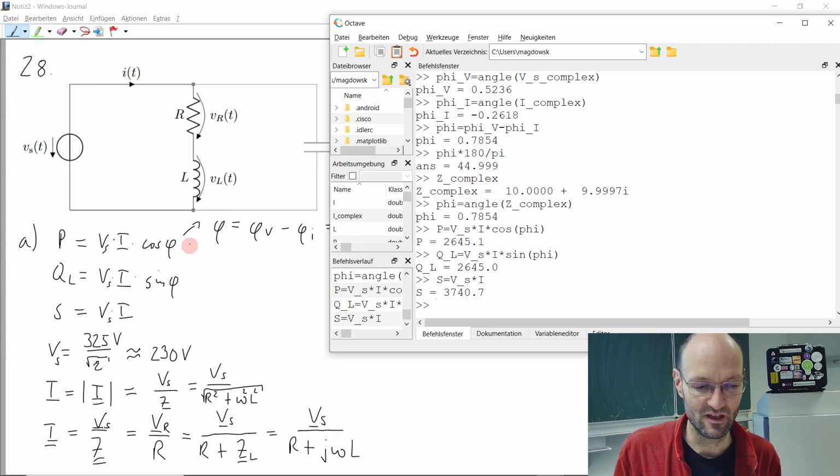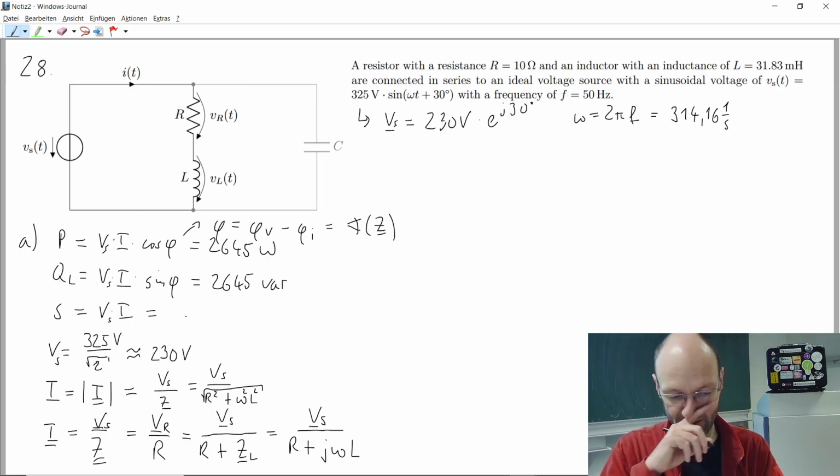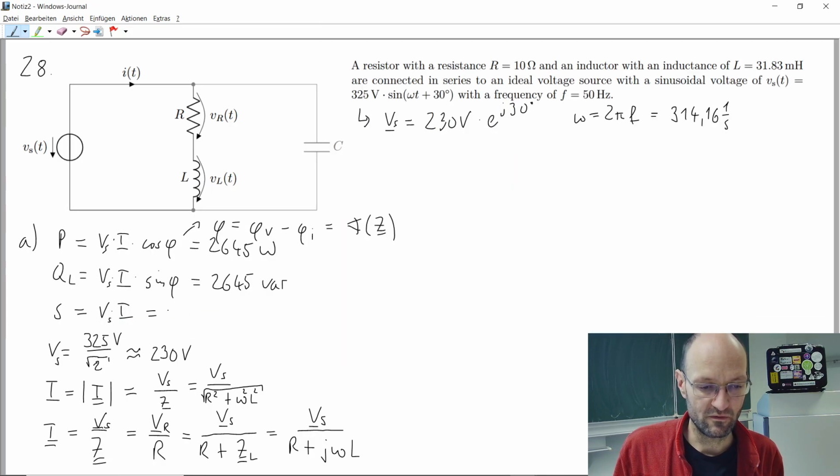This is 2645 watt. This is 2645 volt ampere reactive, and this was 3740 volt ampere.